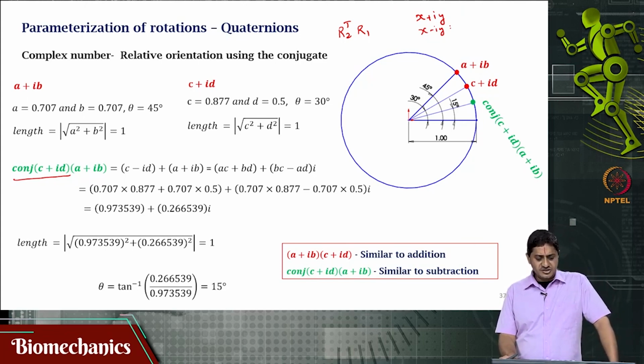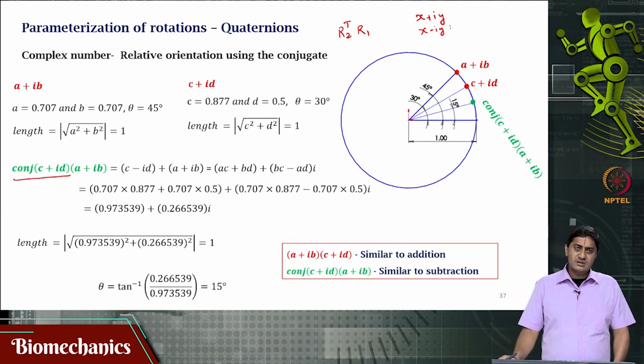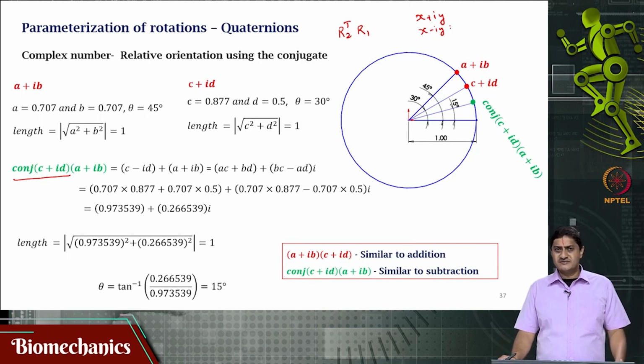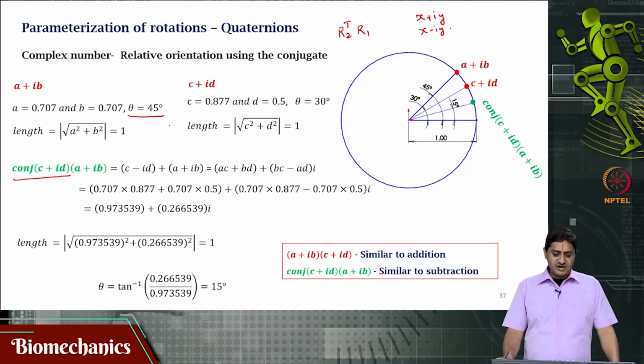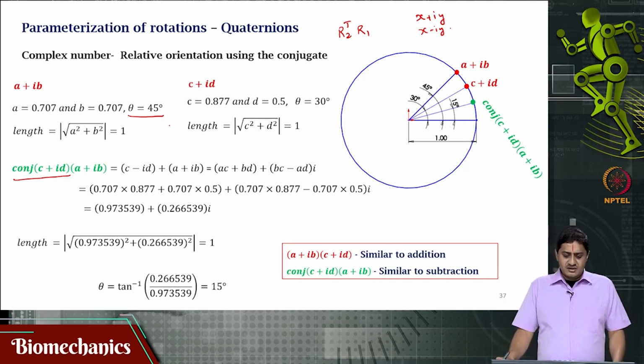Now, if I am interested in finding the relative orientation between these two points, that is a plus ib and c plus id, where a and b were 0.707 and 0.707 respectively, that is what we saw in the previous slide, representing theta as 45 degrees, and c plus id where c is 0.877 and d is 0.5, representing theta equal to 30 degrees.